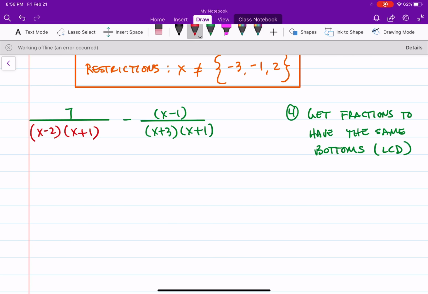So we're going to make this one red and this one blue. All right? So we're going to ask ourselves, what does the blue sister have that I don't have? Well, blue sister has an x plus 3 that I don't have. And the blue sister is going to say, what does the red sister have that I don't have? An x minus 2. Okie dokie.